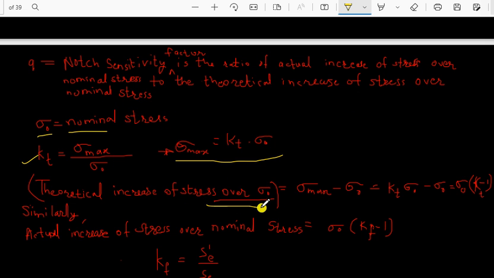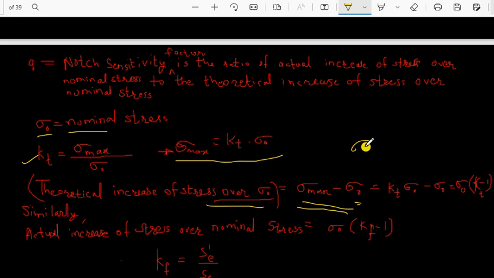So first we will find the theoretical increase of stress over nominal stress. We know that the difference of sigma max and sigma naught will give the increase in the stress value over the nominal stress.